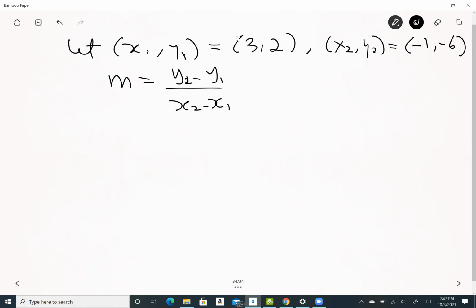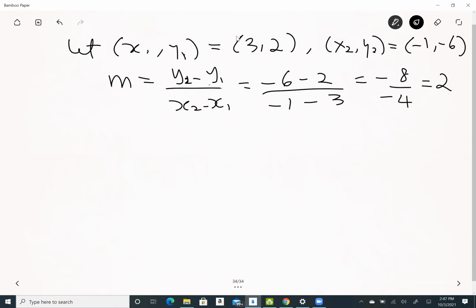So you put in the numbers. What do I get? I get -6 minus 2, divided by -1 minus 3. Everybody got that? So that is equal to -8 over -4. So that is equal to 2.